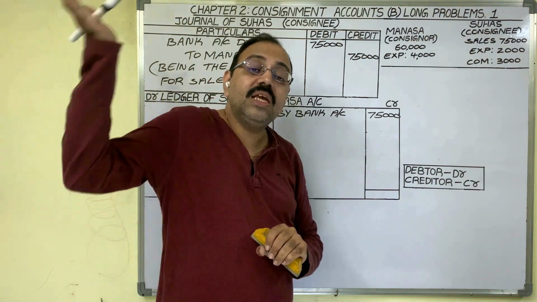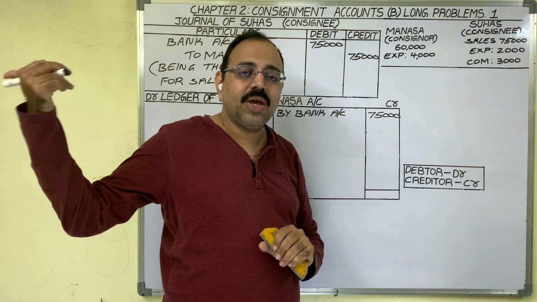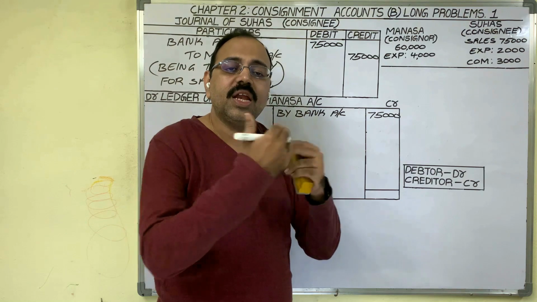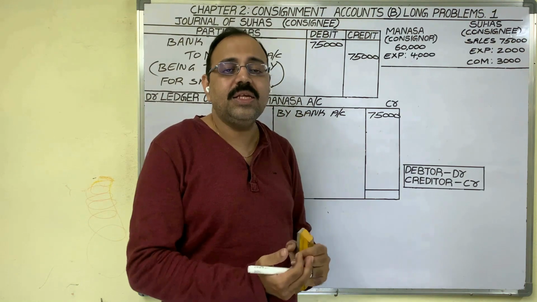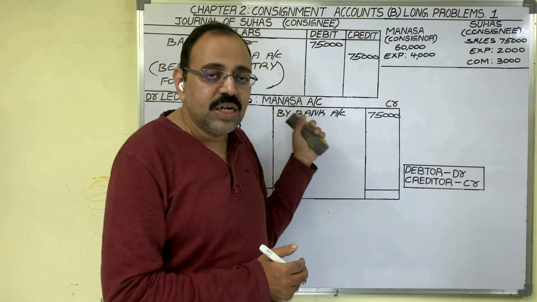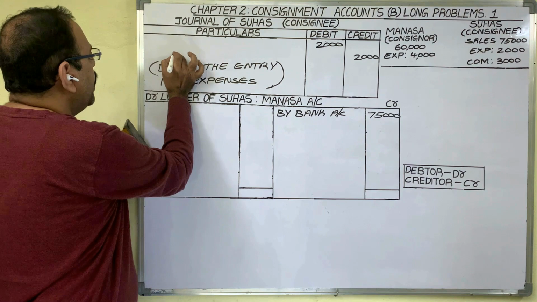So bank is giving money here. Bank becomes a giver. Bank account is a personal account. Personal account rule, debit the receiver, credit the giver. As banker is a giver, we should credit bank account. So in journal entry, bank account is to be credited.